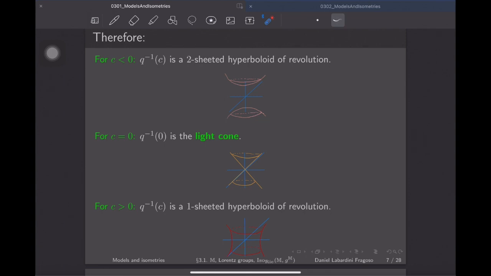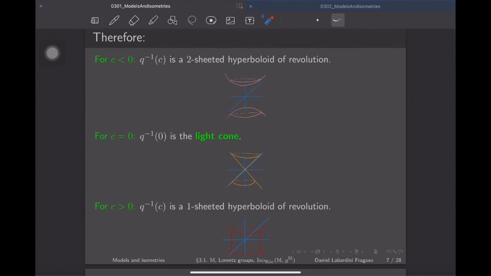Yeah, and then one of the points we made is that when we let c go to -infinity, the sheets of the hyperboloid get far away from 0.